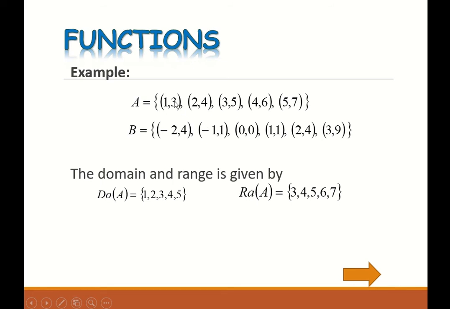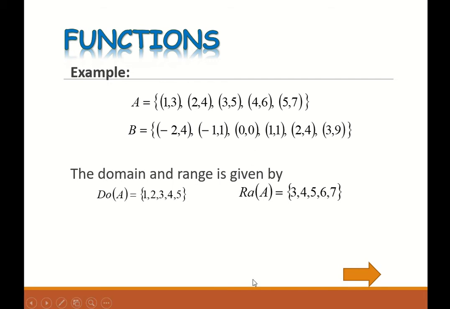So we have 3 as the second element of the first ordered pair, and then 4, the second element of the second pair, and 5 is the second element of the third ordered pair, and 6 is the second element of the fourth ordered pair, and 7 is the second element of the fifth ordered pair.